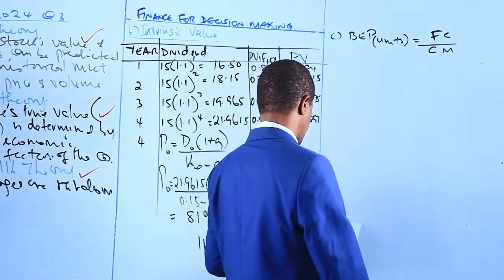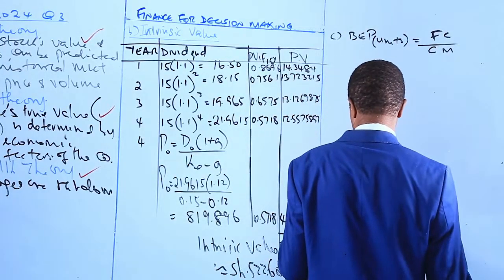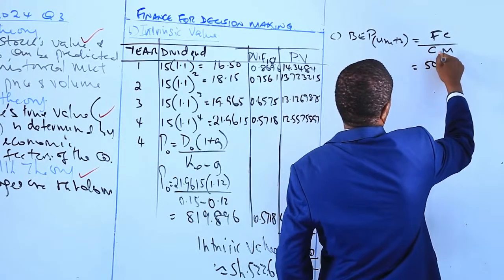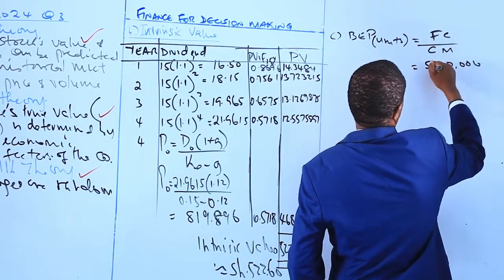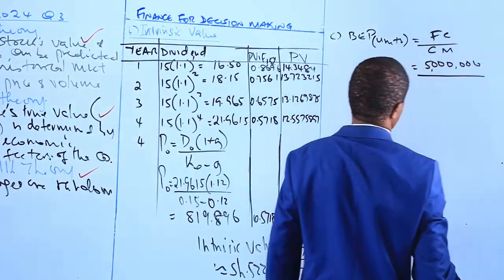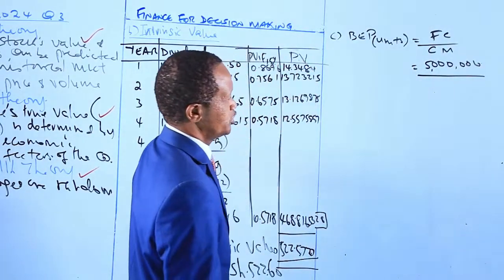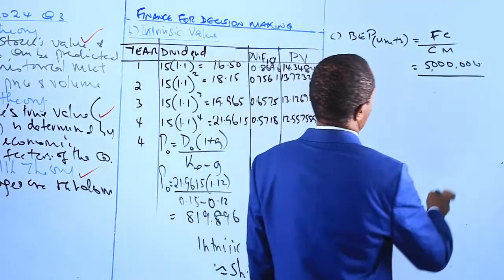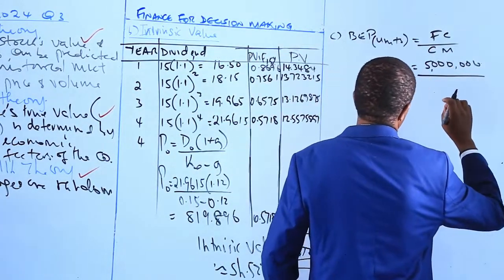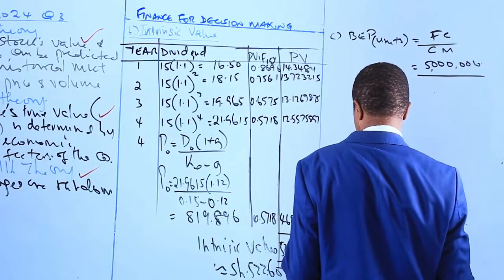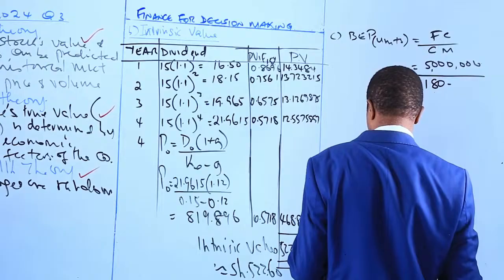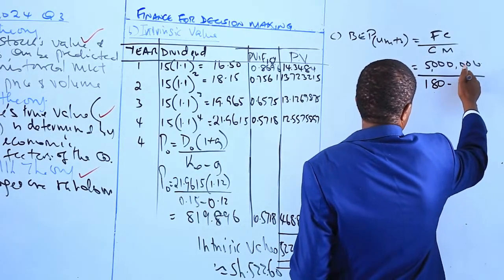So what is the fixed cost in this question? The fixed cost here is 5 million shillings. What is the contribution margin? We know the contribution margin is equal to selling price minus variable cost. The selling price here is 180. The variable cost from the question is 80.